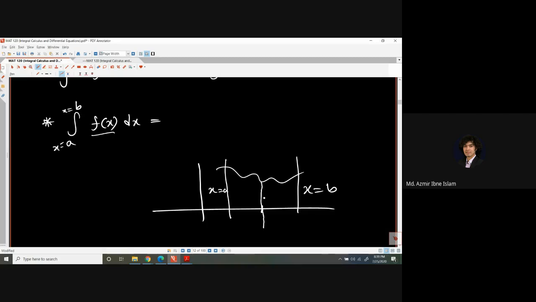vertical line, x equal to c. That means now we have one region, we have another region. For getting the total area, let's say this is A1 and this is A2. So the total area will be A1 plus A2, that is equal to A. So what I am trying to say, we are integrating from x equal to a to x equal to b.